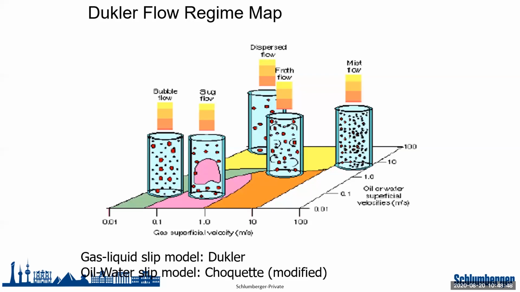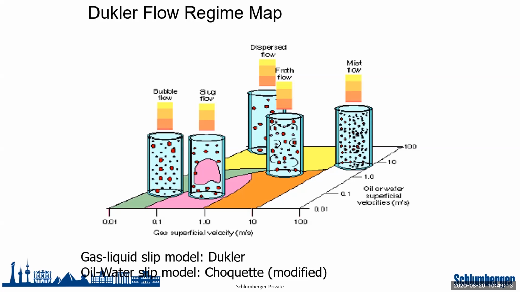Let's say that now I have a relatively low water velocity, and my gas velocity is increasing. Then I can get into my well something called slug flow. A well slugging is one of the most challenging things that we might need to interpret with production logging.